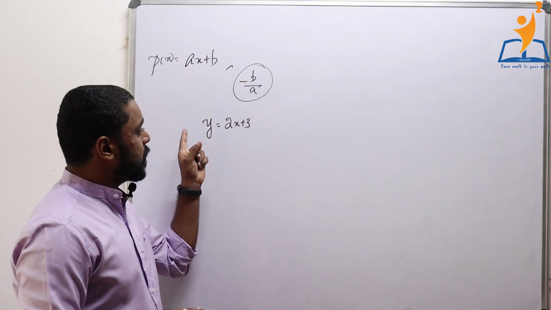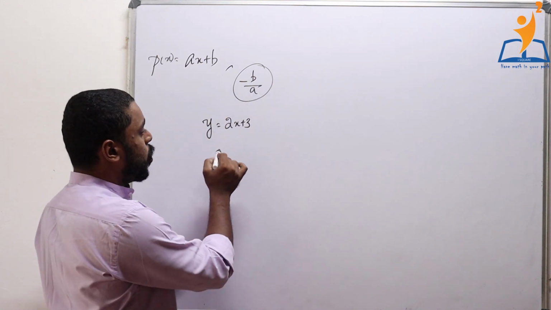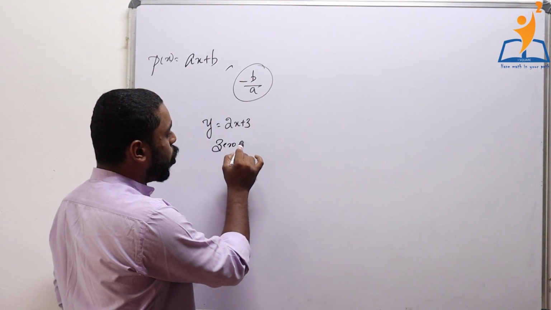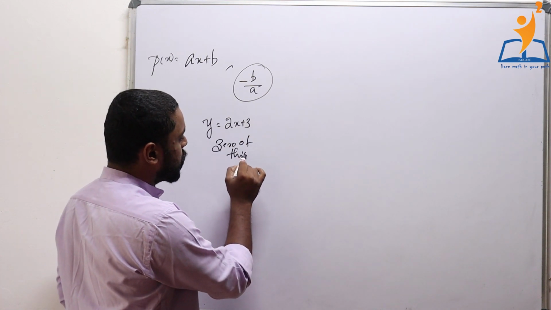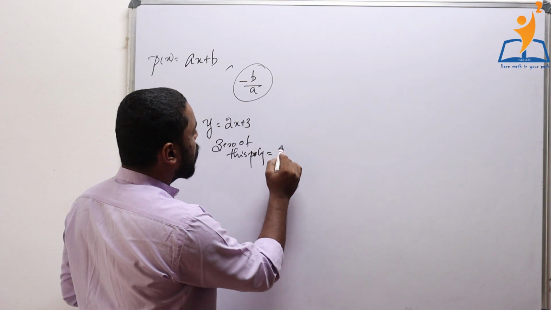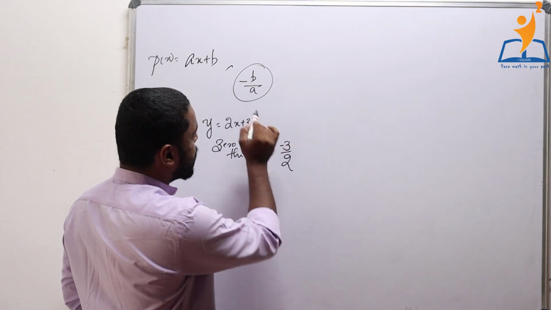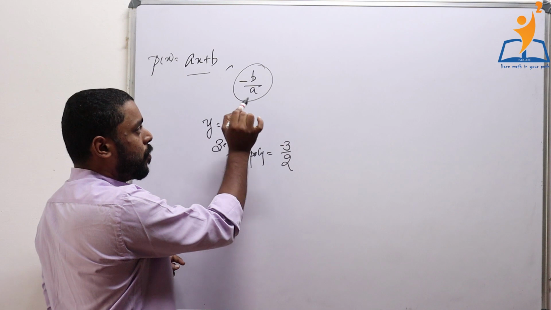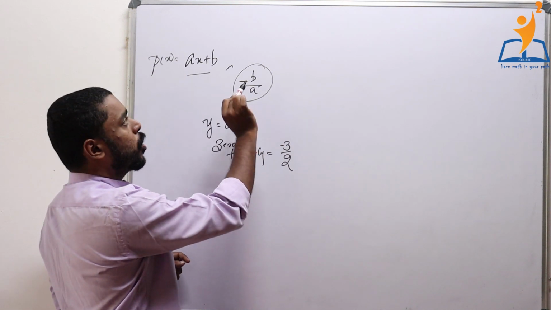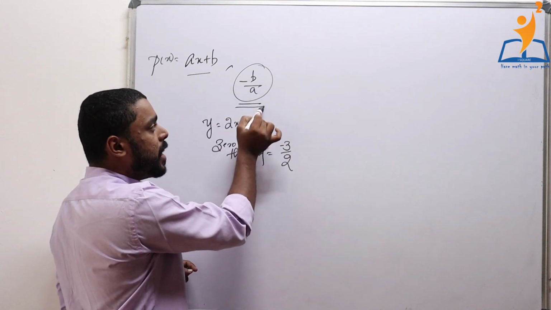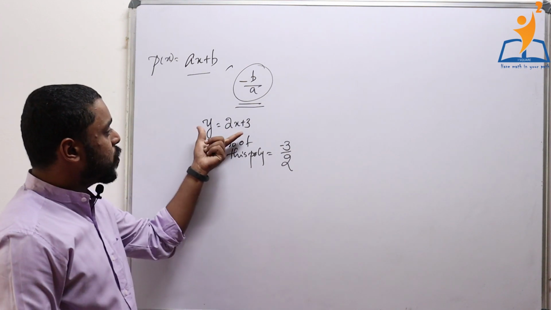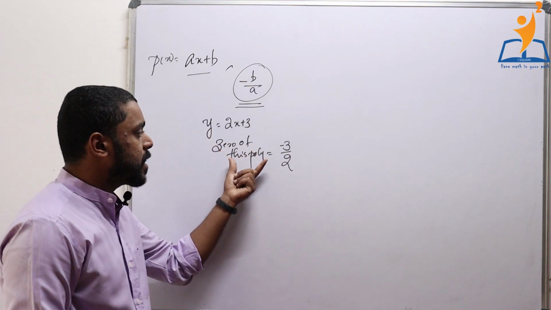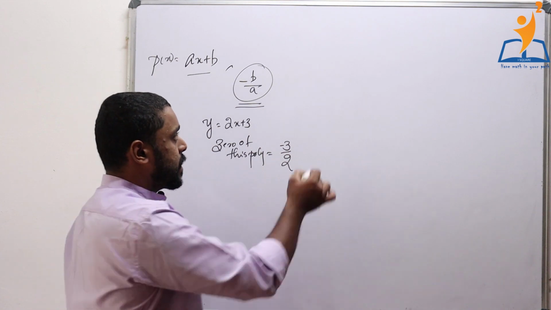See, from this expression itself we know that the zero of this polynomial is nothing but minus 3 by 2, since it is of the form ax plus b, and we know that the zero of any polynomial of the form ax plus b is equal to minus b by a. Hence for y equal to 2x plus 3, the zero of this polynomial is minus 3 by 2.